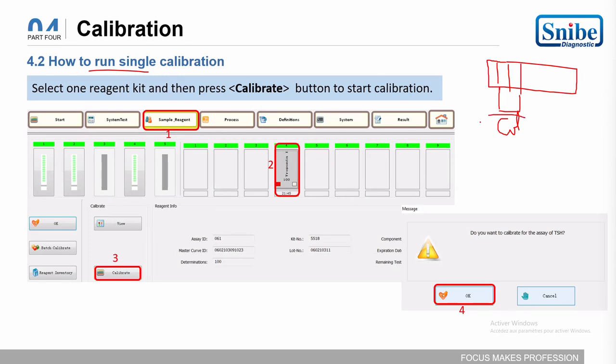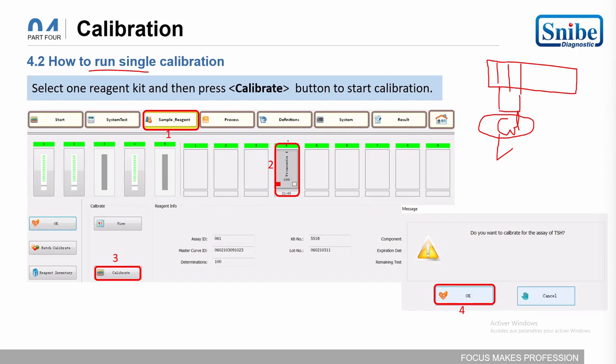So we don't need to remove the calibrators from the refrigerator, wait until the calibrators reach room temperature, or reconstitute the calibrators with distilled water or diluent. We don't need to do anything. We don't need to load the calibrators in the sample rack or choose the position where we need to load them.